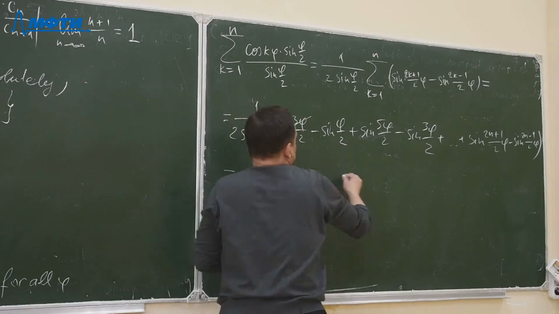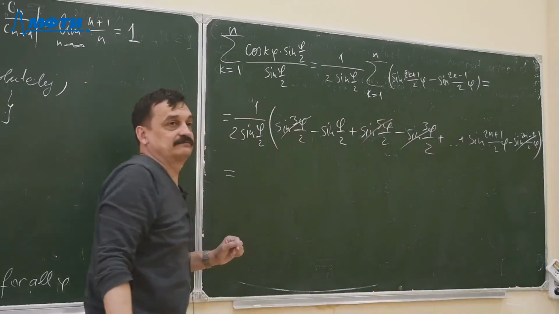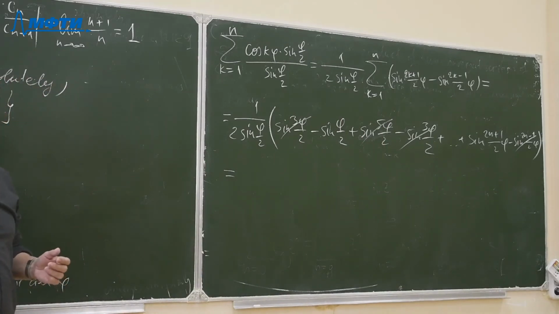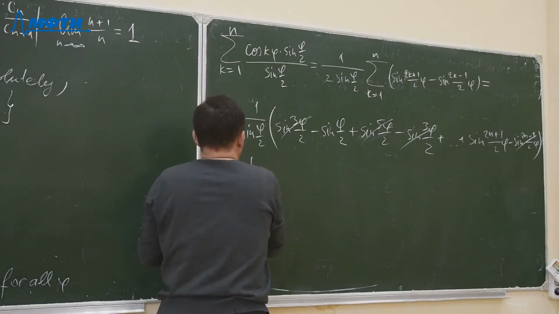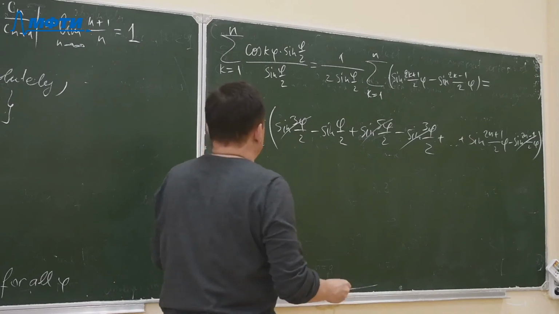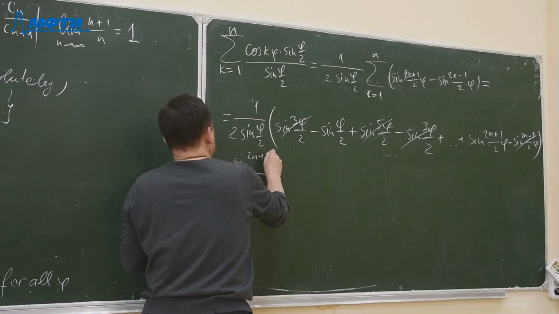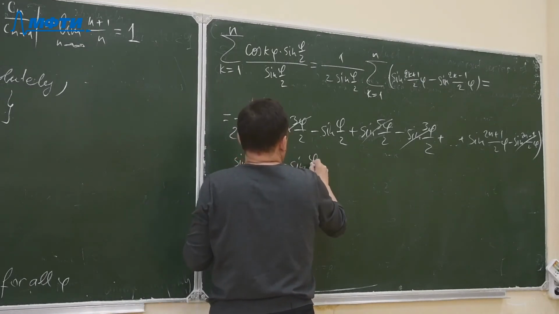And you see, that is a telescoping sum. All intermediate sines are cancelled, and what remains? 2 sine phi over 2 times sine 2n plus 1 over 2 phi minus sine phi over 2.